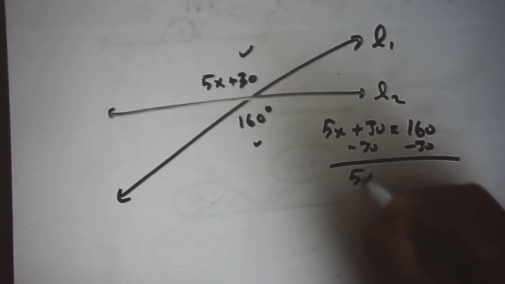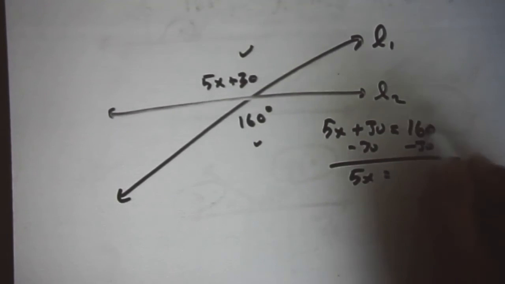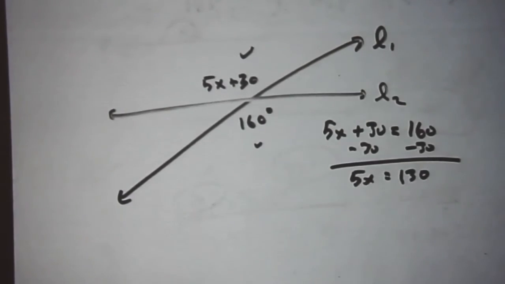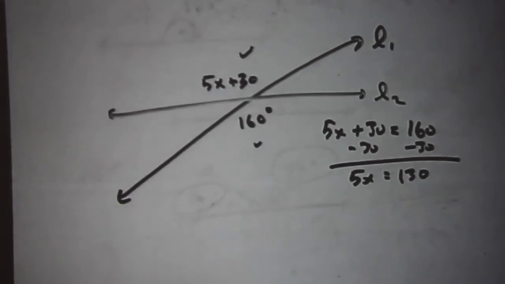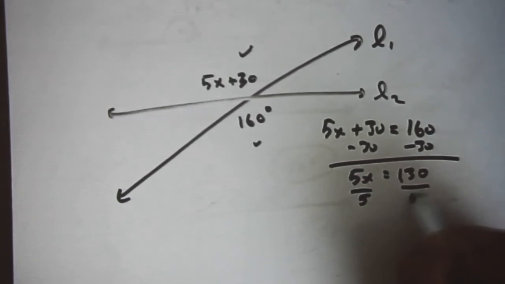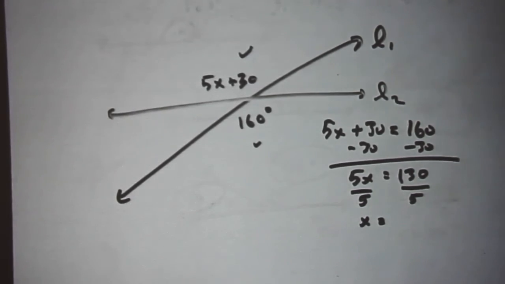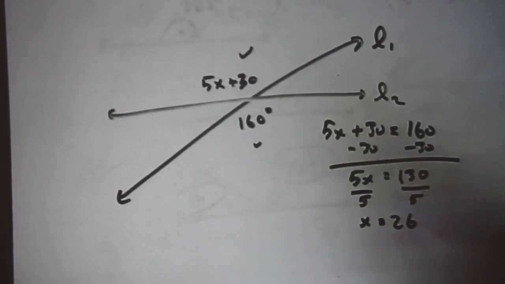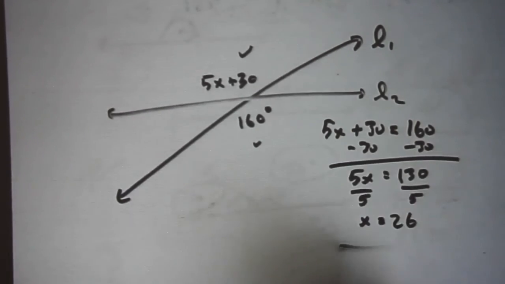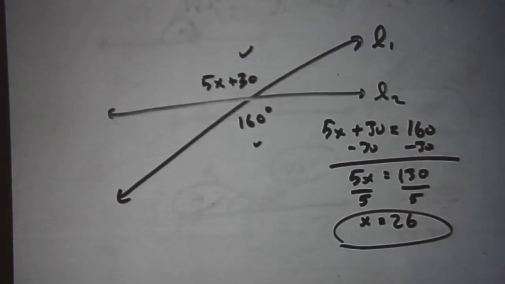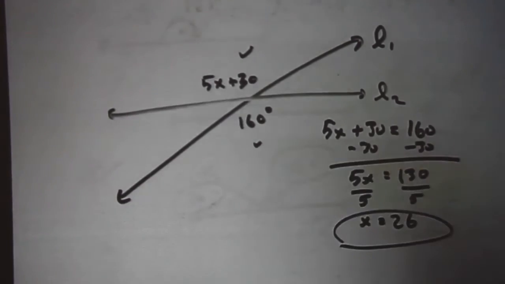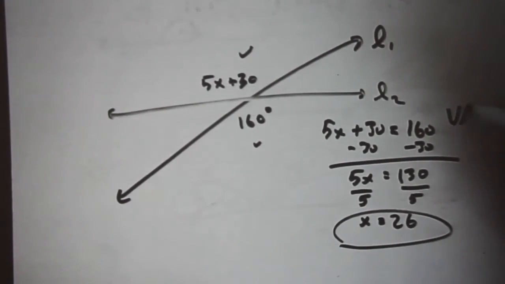This gives us 5x, because 30 minus 30 is 0, equals 160 minus 30 is 130. And then we divide both sides by 5. So x looks like 26. x is 26. And then we just solve this equation for x, because it allows us to say that the vertical angles are equal.